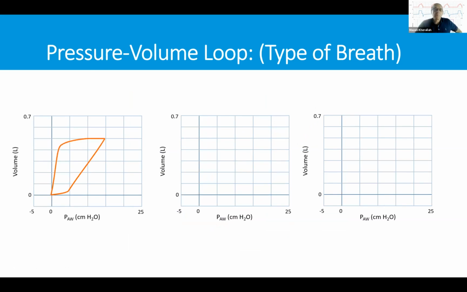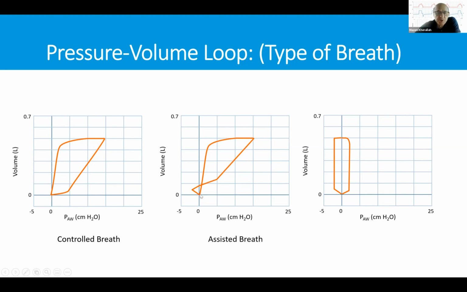So let's take a look at different pressure volume loops in terms of type of breath. The first one, you can see here that the initial pressure was positive. There is no negative pressure at all when the breath is started, meaning that it is a controlled breath. Compared to this one, you can see the decrease in the pressure.